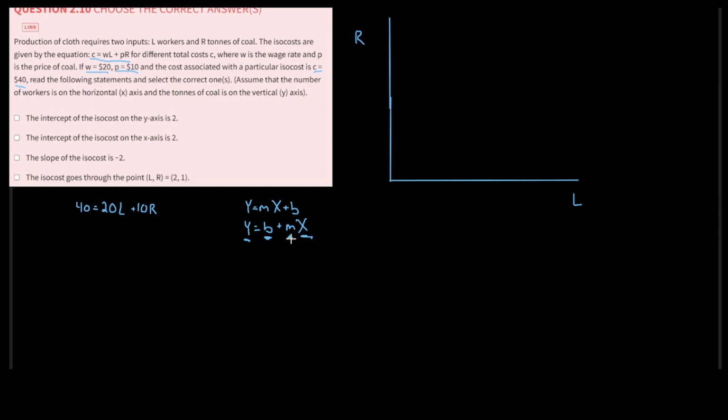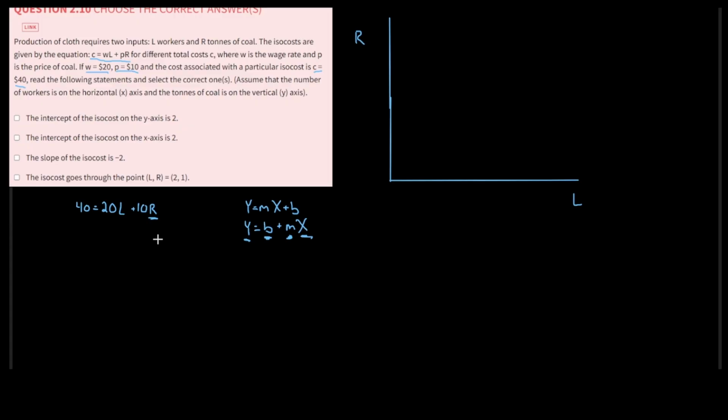So what I want you to be able to see is that we could, and we will, rearrange this equation over here to be in terms of r. Because where this is y, our vertical axis equals this formula, we could say r, our vertical variable, equals some formula.